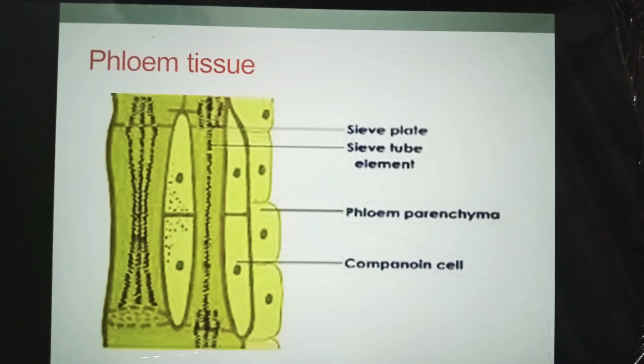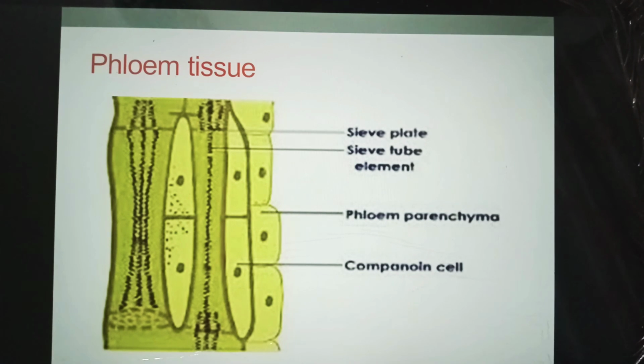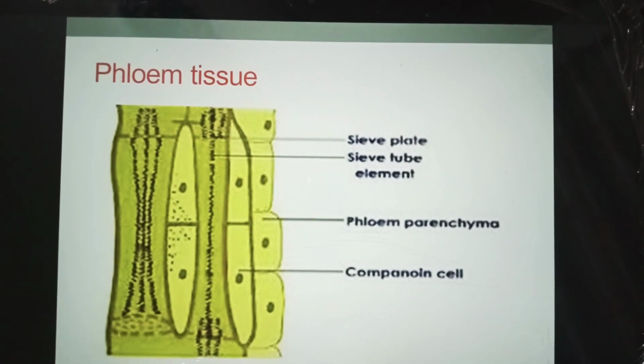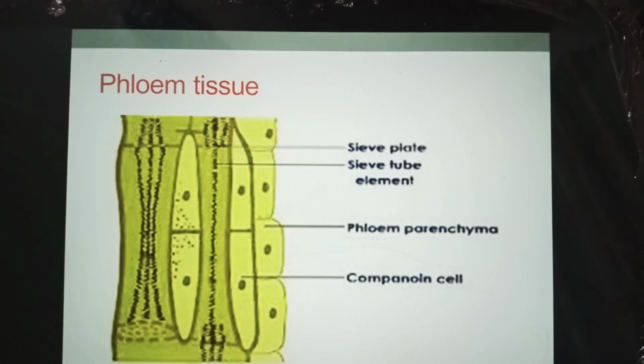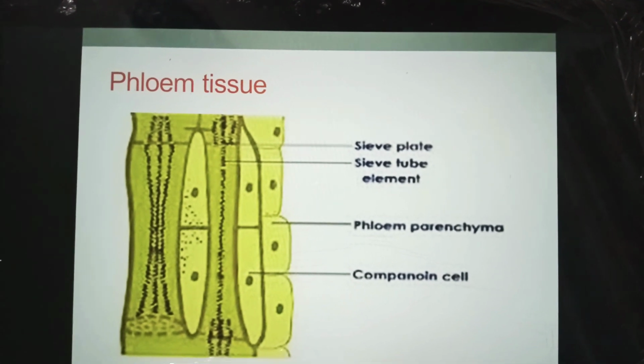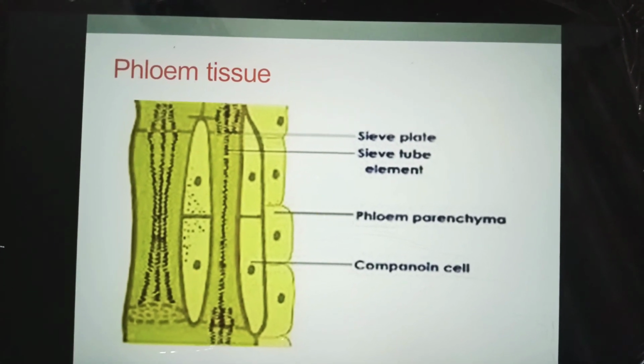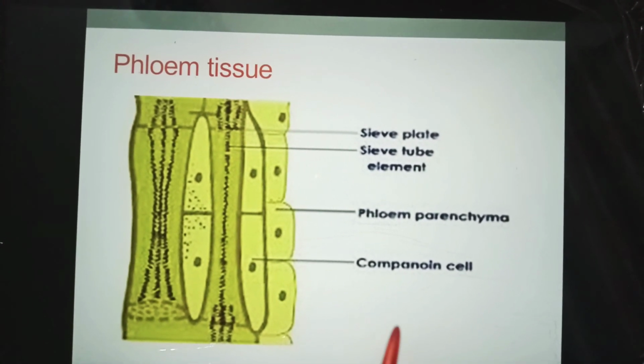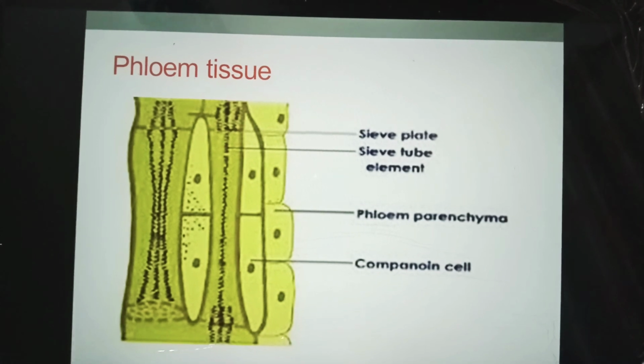Sieve tube cells are long and their end walls have small pores. Many sieve tube cells join to form long sieve tubes, and companion cells make proteins for the sieve tube cells.